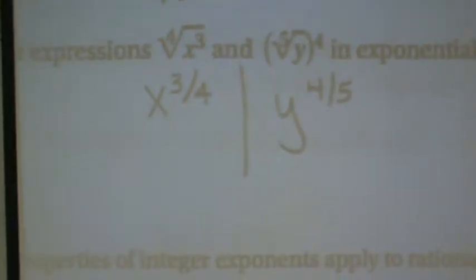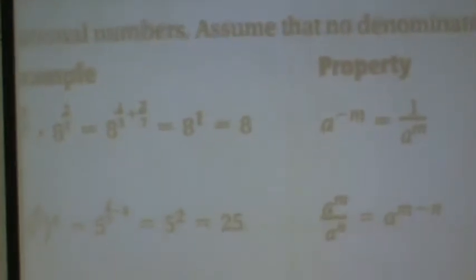Okay, now, in this little take note box right here, it goes over all of the properties, which you all know very well. Let's run through them really fast. If you're multiplying and the bases are the same, what were you taught to do with the exponents? Add them. What about a power to a power?